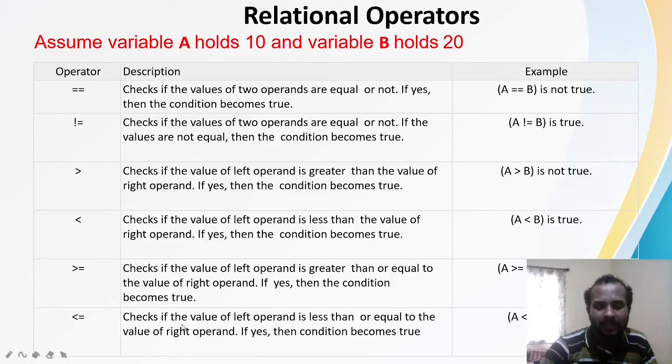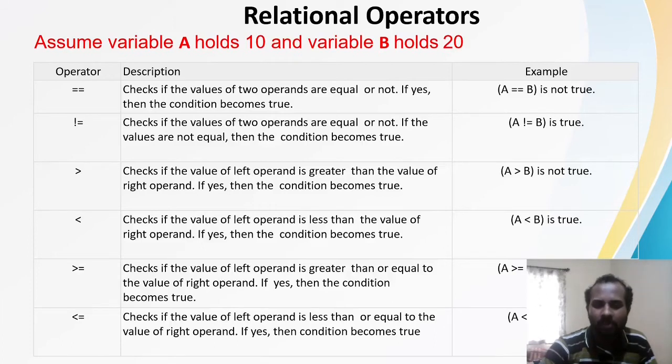Now let me check lesser than or equal to. So A is 10 and B is 20. Whether 10 is lesser than 20? Yes, it is lesser than 20. But whether 10 is equal to 20? No, it is not equal to 20, but still 10 is lesser than 20.